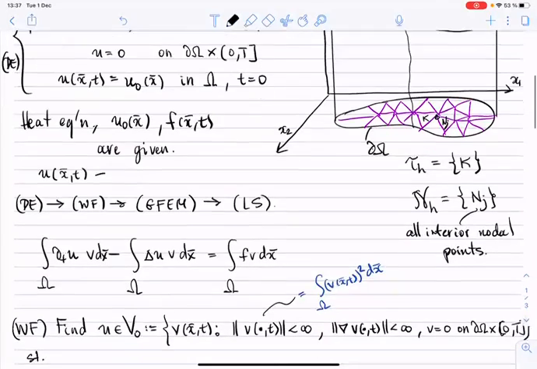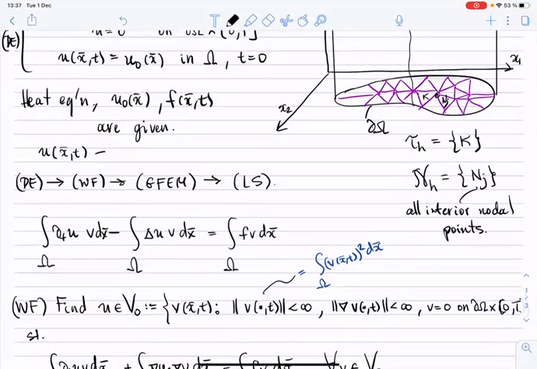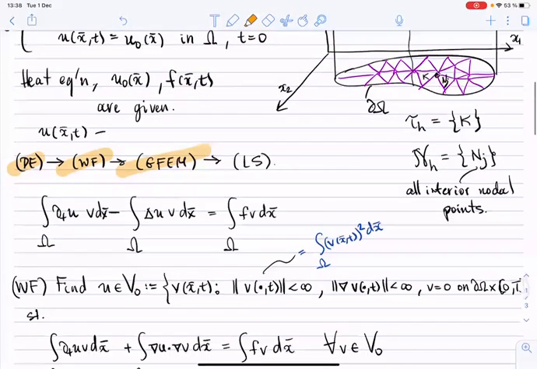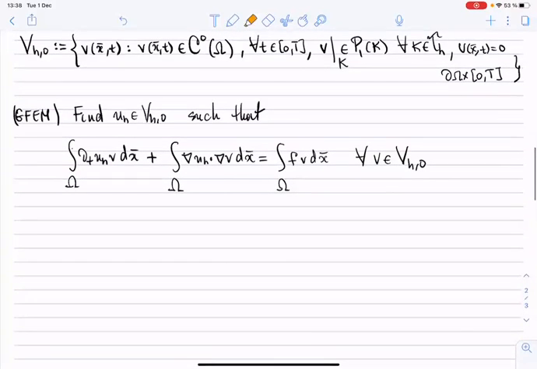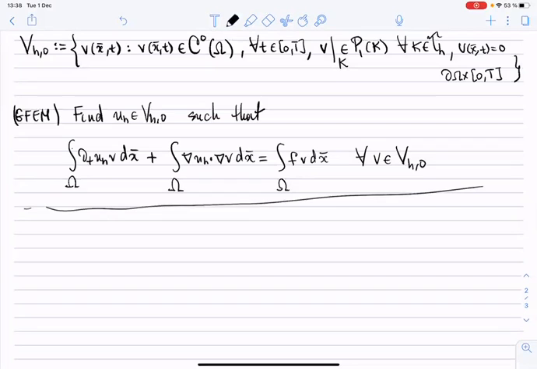So if we go back to this schematic scheme that we usually write, we started with the differential equation, we did the variational formulation, and now we did the Galerkin finite element approximation, which is finite dimensional. The next step is, of course, to construct the corresponding linear system to this formulation.